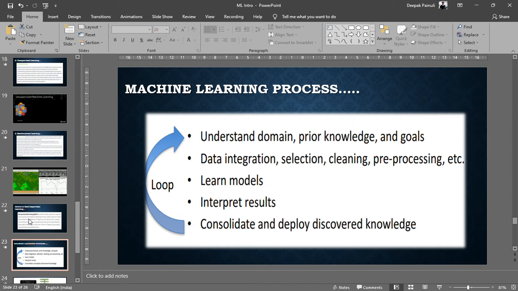For example, if I am building a model for lung cancer using medical imaging, I need to collect all the images of lung cancer or cancer-related images.